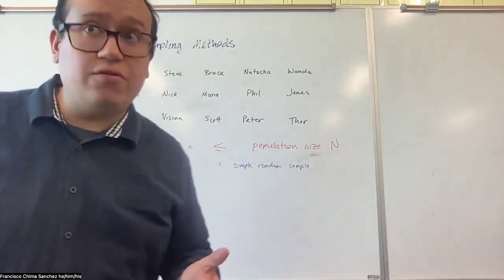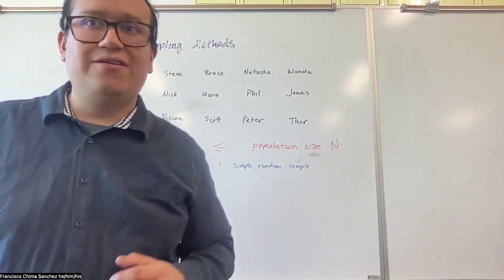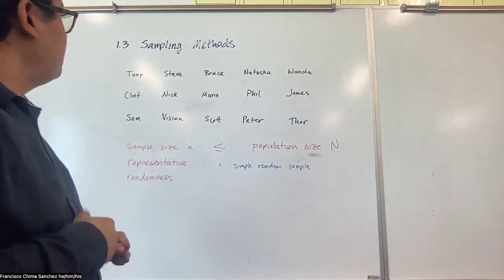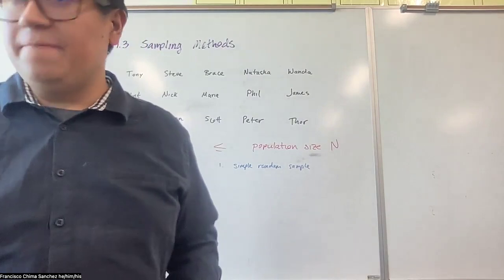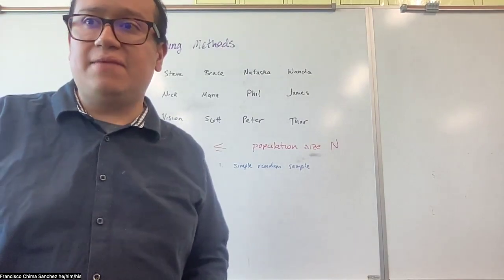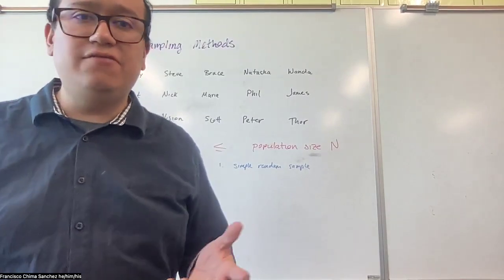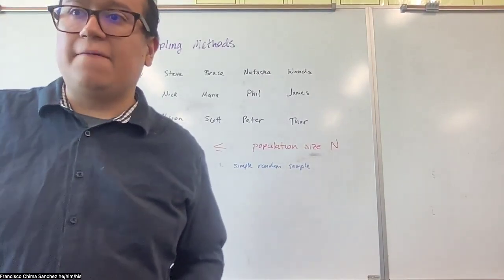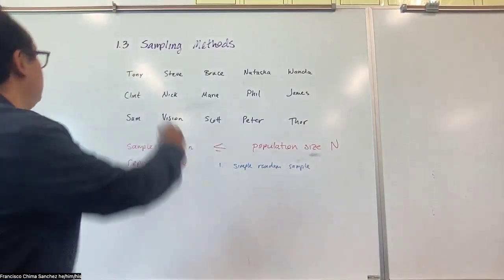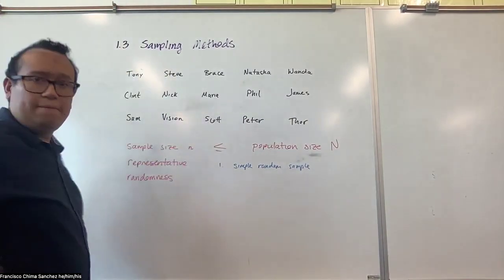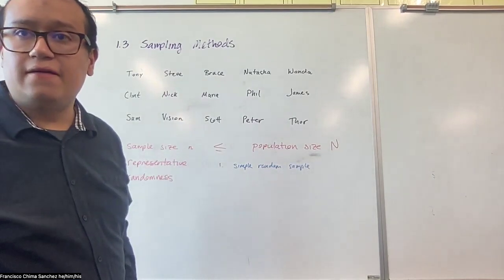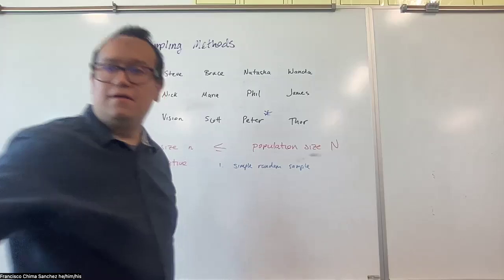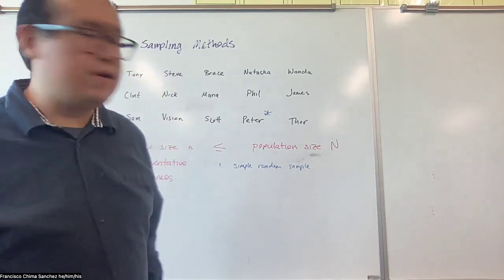But actually, if you just Google random number generator, Google has a built-in applet for you that you can do this with. Now we have here 15 names on the list. So I'm going to generate 5 of these names. And if I happen to, for instance, accidentally generate the same number, I'm just going to skip it. Okay. So I got 1, 14, 12.